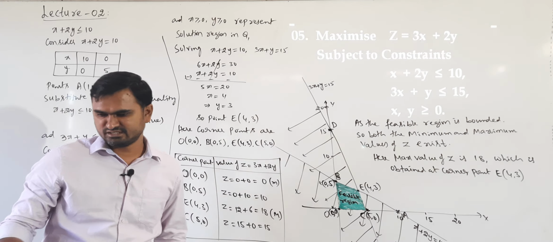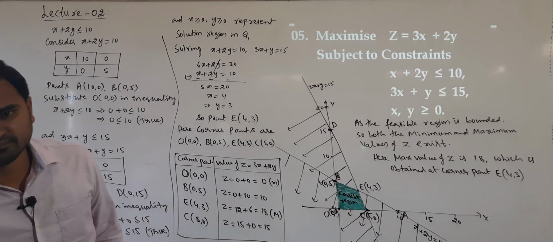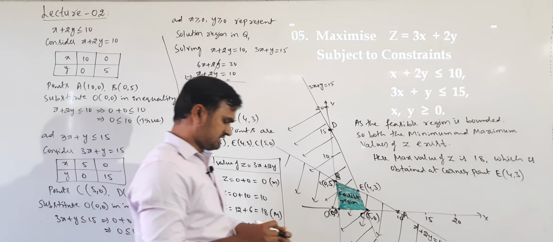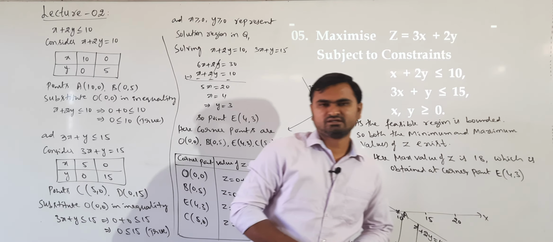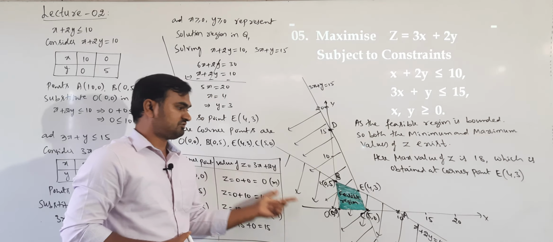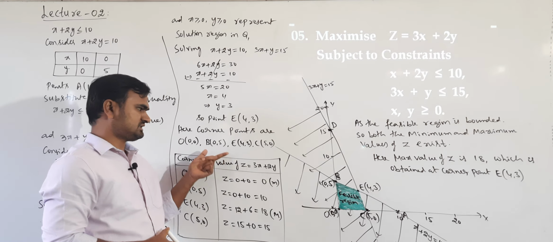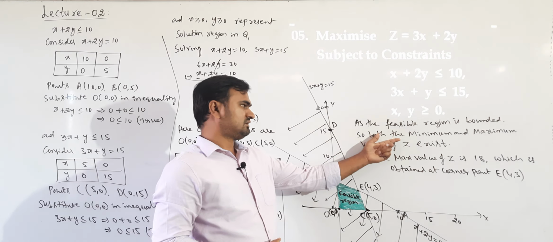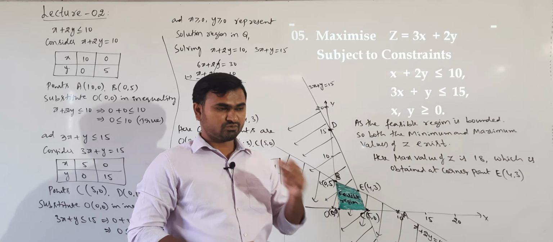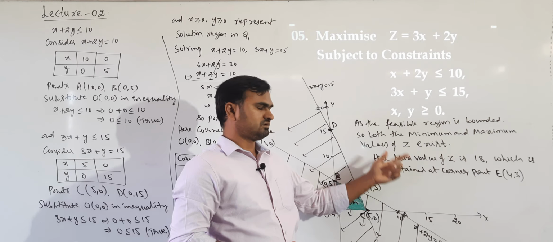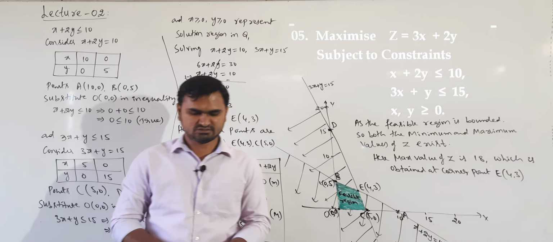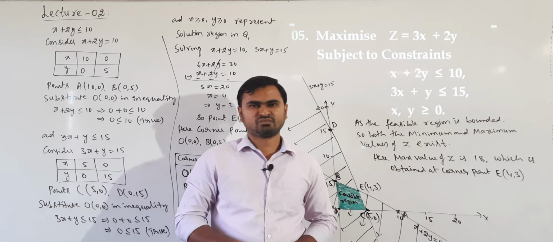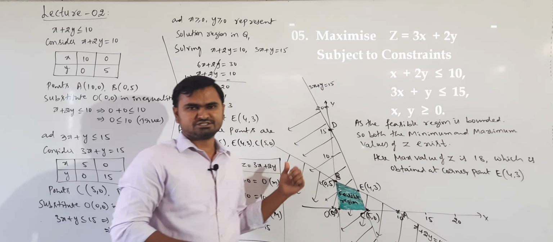So understanding the method of solving here, not so difficult, maybe lengthy, but already we solved how to draw the graph of inequalities. It is just an extension: finding the corner points, finding the value of z, then depending on whether the feasible region is bounded or unbounded, we write the maximum or minimum value of z. So the questions will be very easy, without making calculation mistakes.